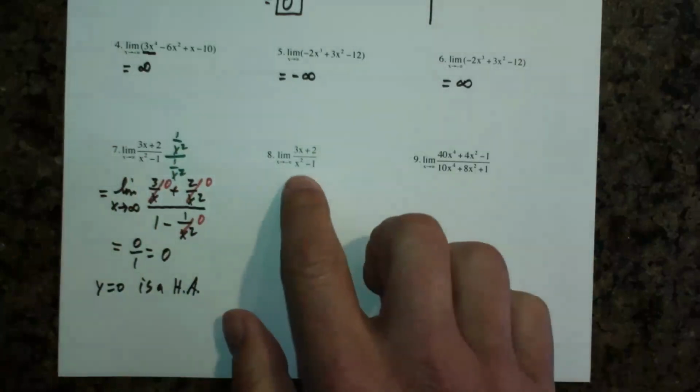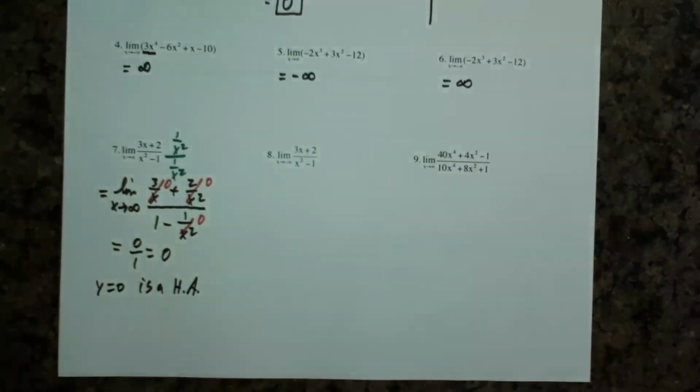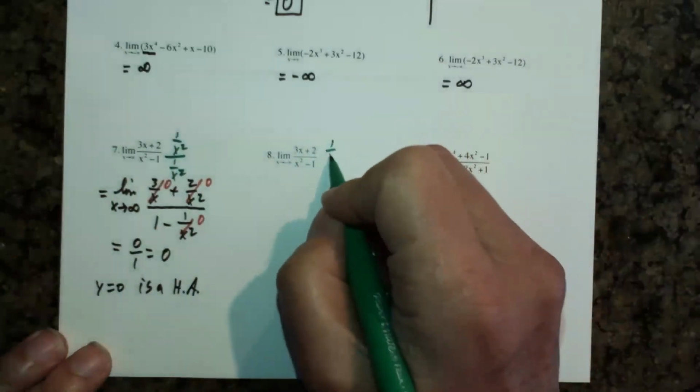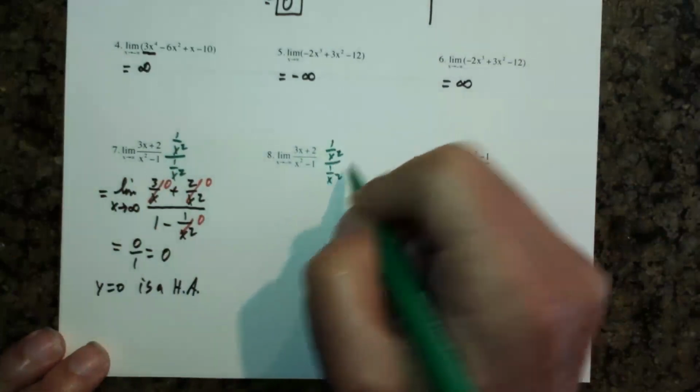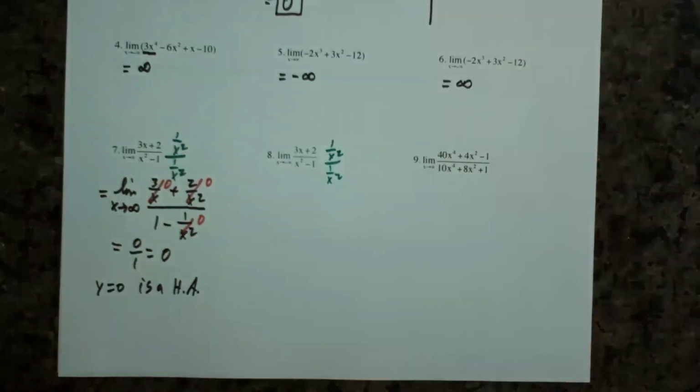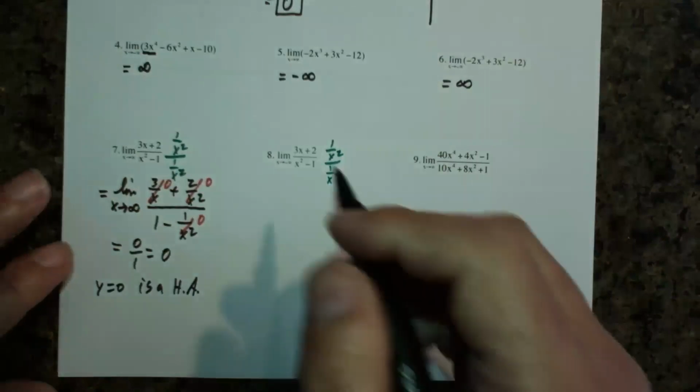Now we're going to do the same thing here. We'll do 1 over x squared. Now notice in this case, we're going to negative infinity. Well, that's not going to change very much. Basically, the same thing is going to happen.